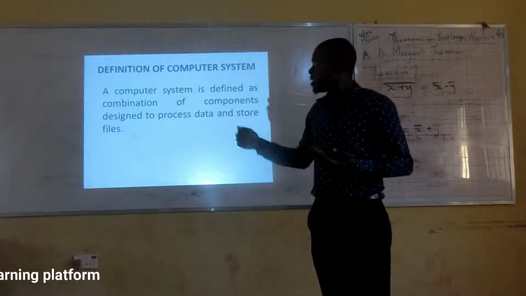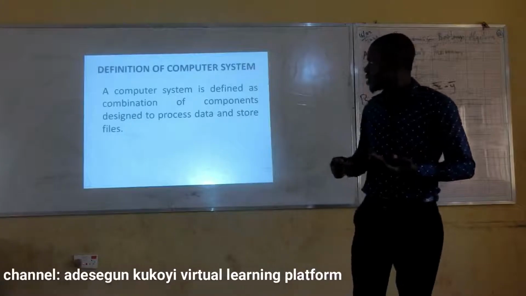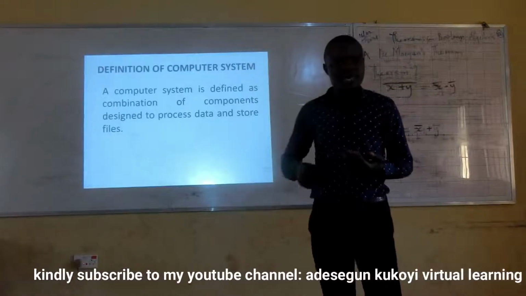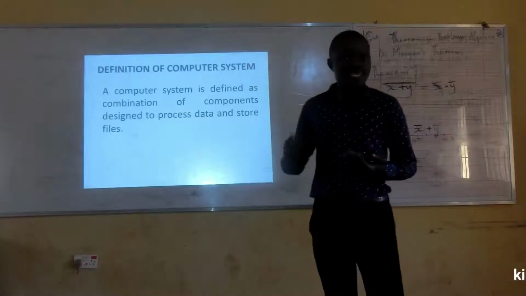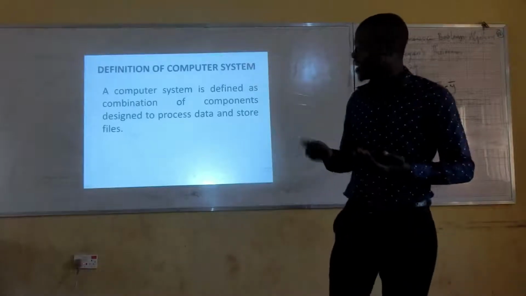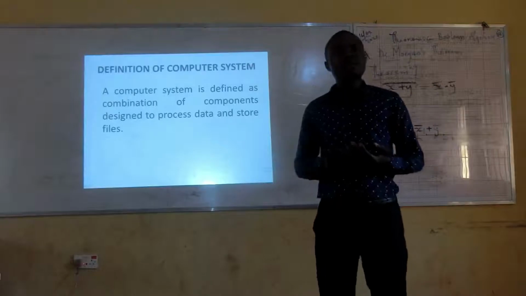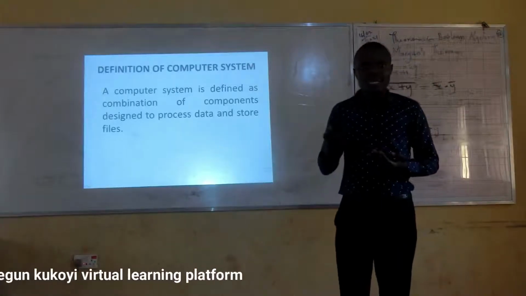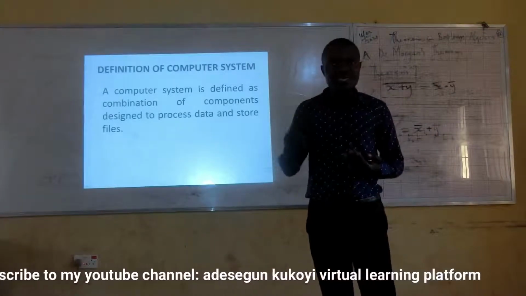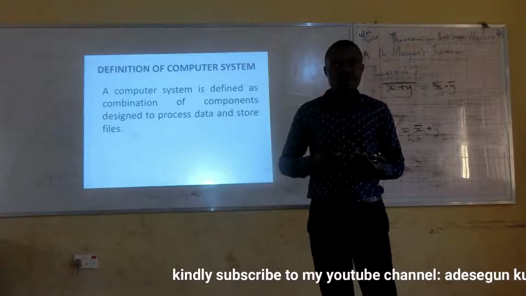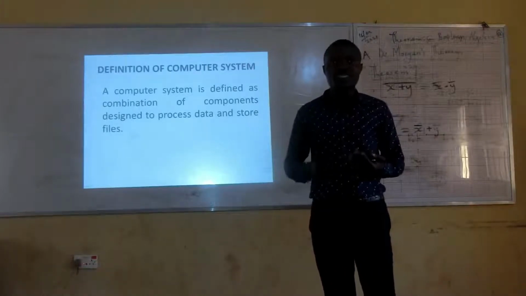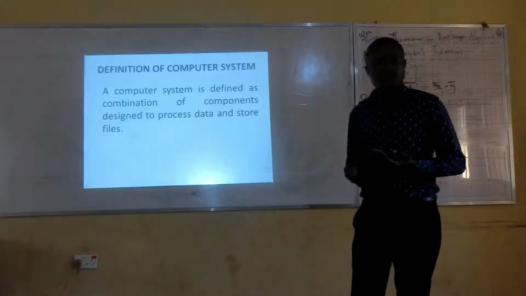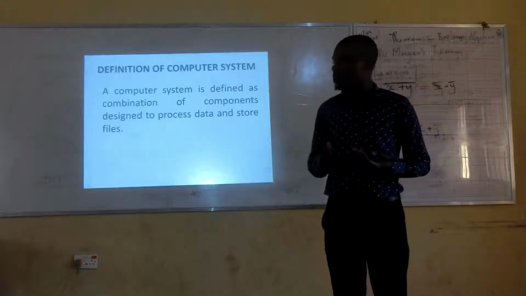Now we say computer system is defined as a combination of components that is designed to process data and store data. Meaning that computer system comprises of one or two components that are meant to perform the stated function.